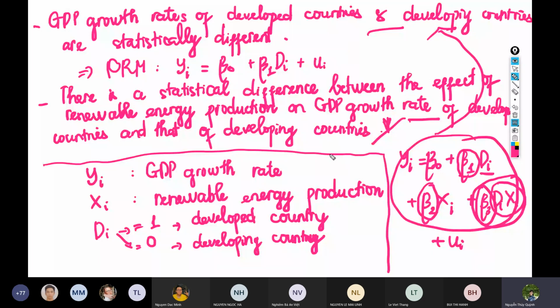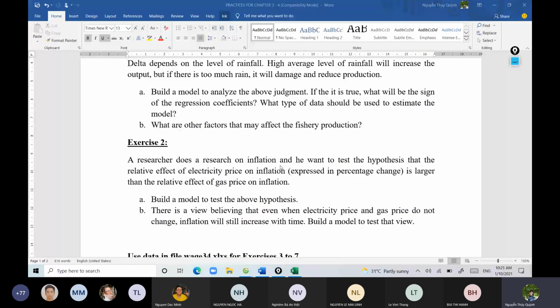You remember that you have to develop the hypothesis, and based on the hypothesis, you have to develop the model that can help you to test that hypothesis. Okay, so that is for exercise 1 and 2.